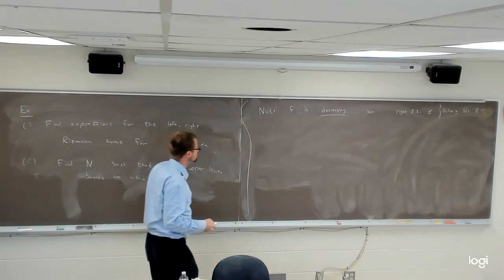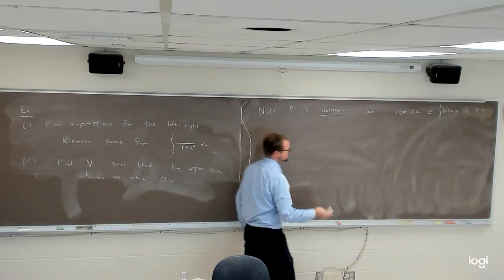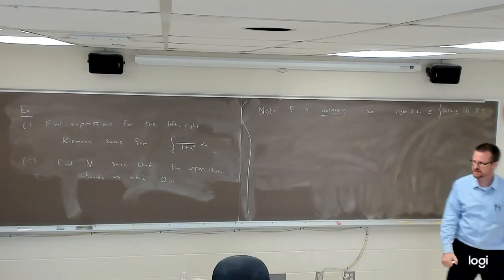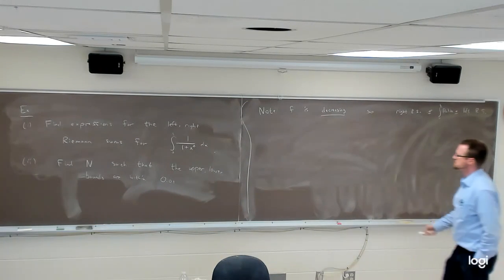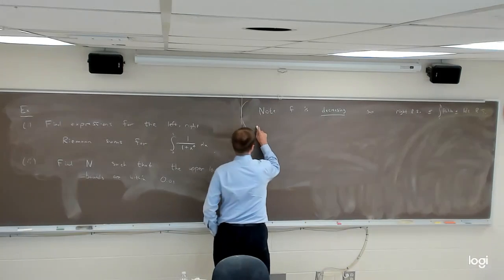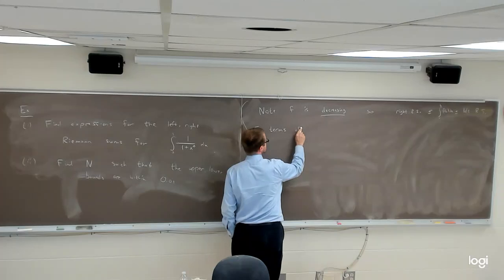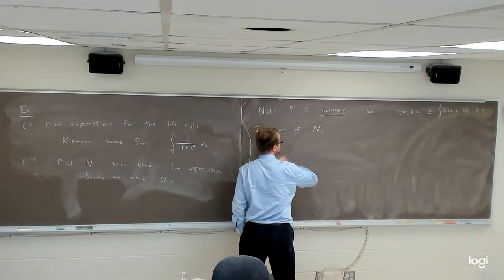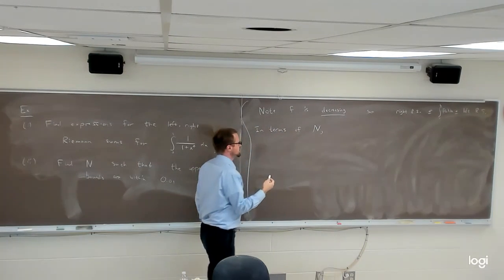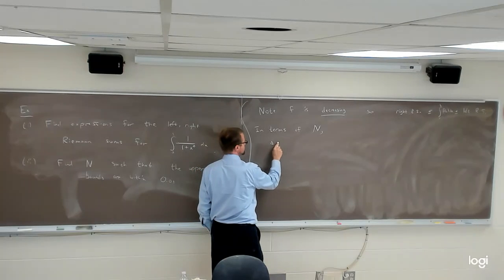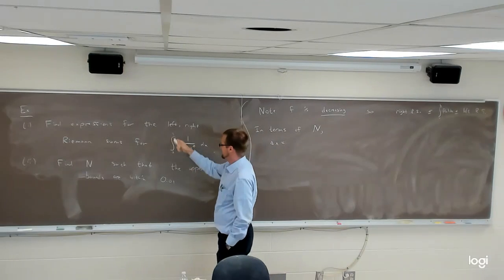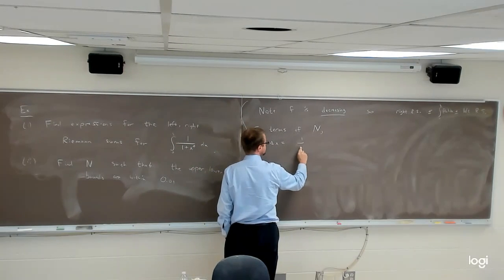All right, so let's try to do this in terms of n. We'll leave n, capital N, undetermined. So in terms of capital N, if I choose my partition points, I have a width of (b minus a) over n, that's 1 over n.